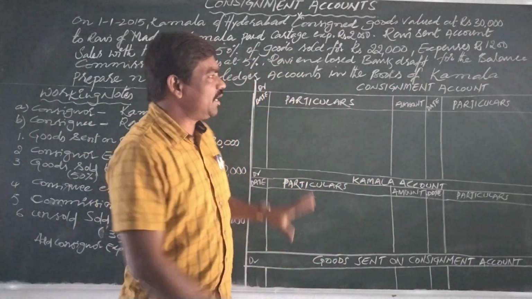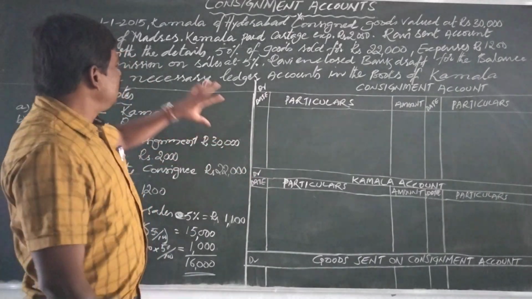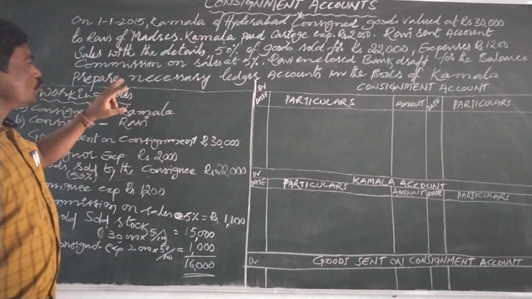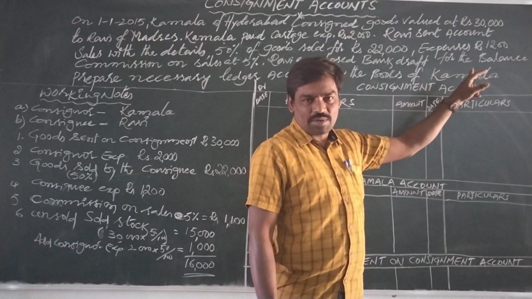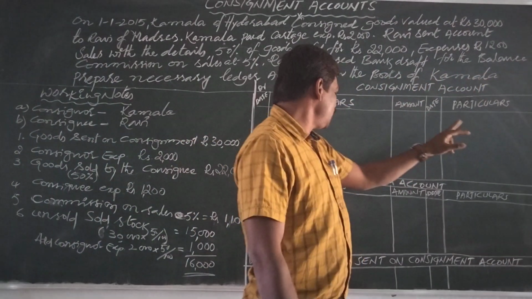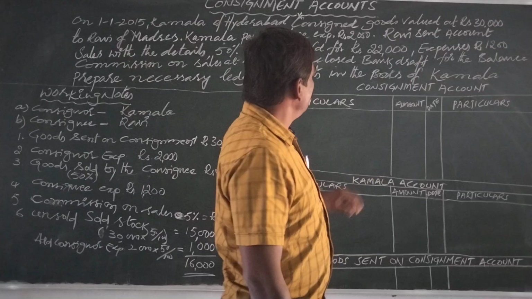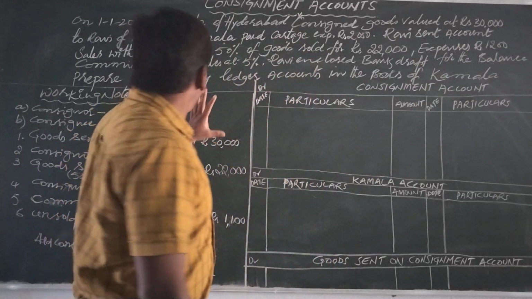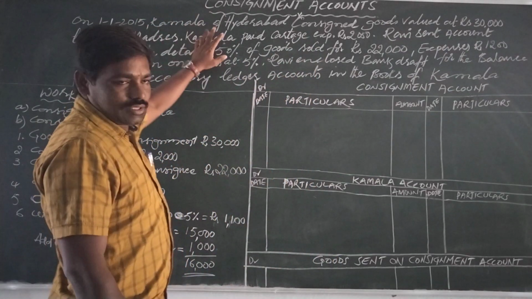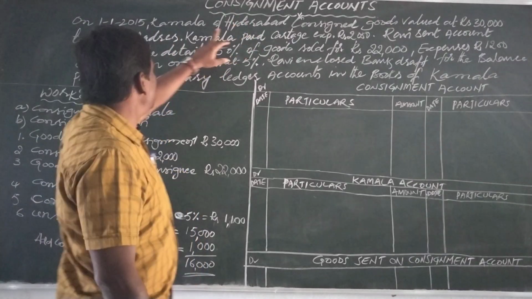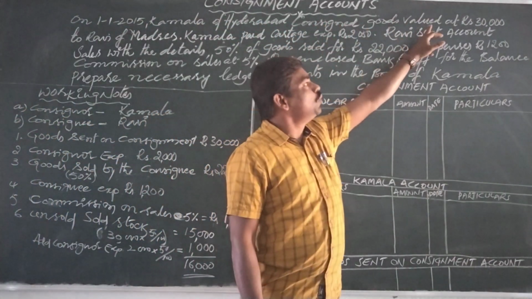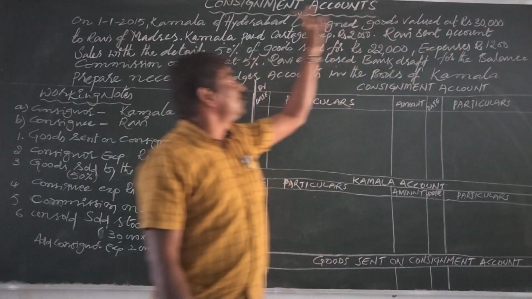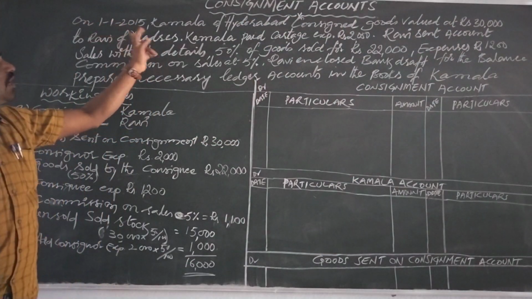This is the problem, a very simple problem. We are asked to prepare only necessary ledger accounts in the books of Kamala. Here Kamala is the consignor, because Kamala of Hyderabad consigned goods valued at rupees 30,000 to Ravi of Madras.